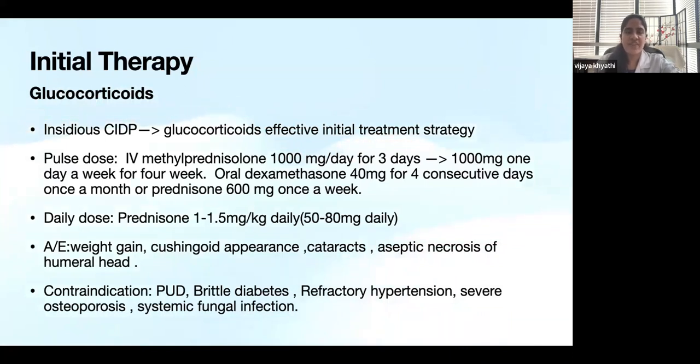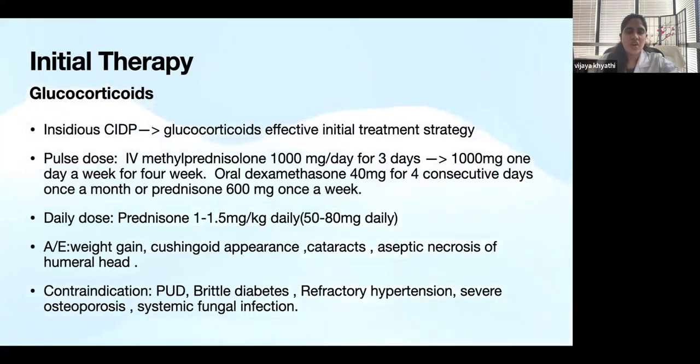Pulse dose is IV methylprednisolone 1000 mg per day for 3 days, followed by 1000 mg 1 day a week for 4 weeks. Oral dexamethasone is also given, like 40 mg for 4 consecutive days once a month, or oral prednisolone 600 mg once a week.